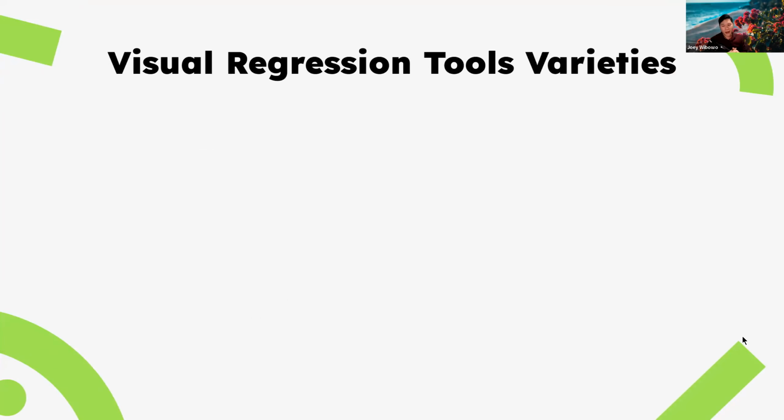Nowadays, we have many visual regression test tools at your disposal. You can actually just Google it, and you can actually have many types. But I won't talk about those things. I will only talk about the ones that our team tried.